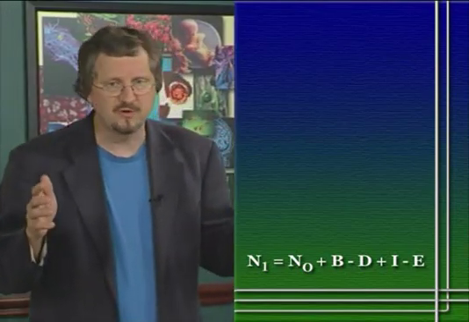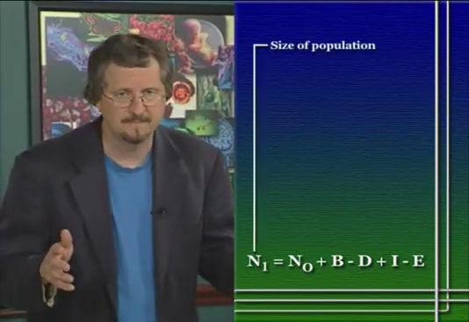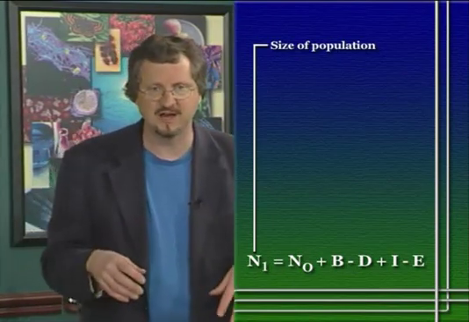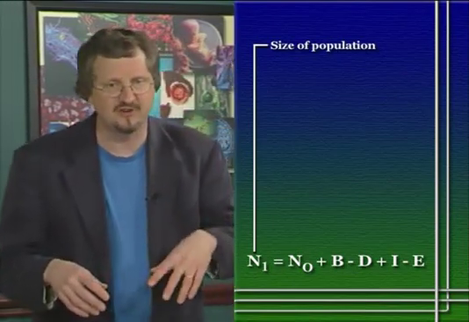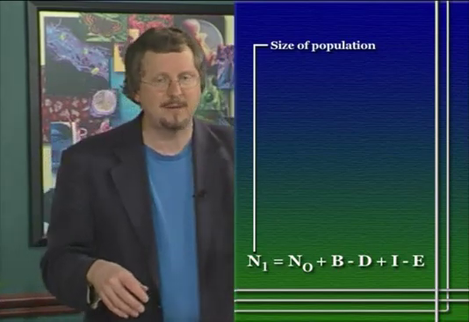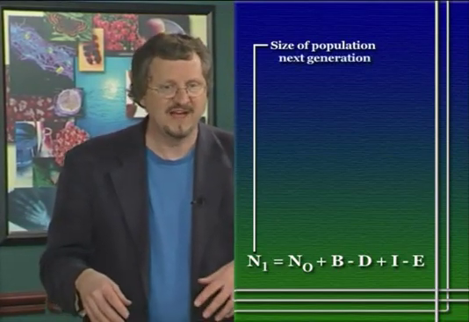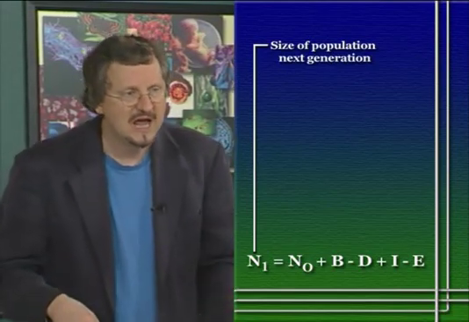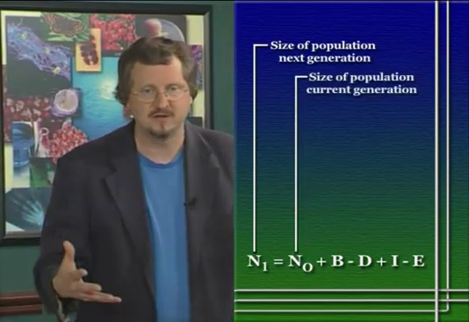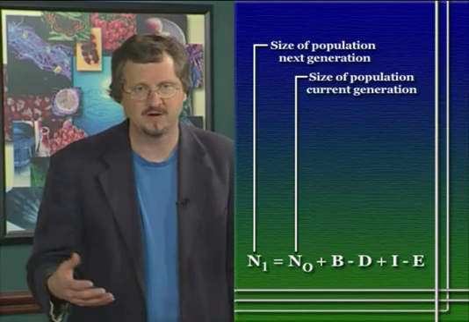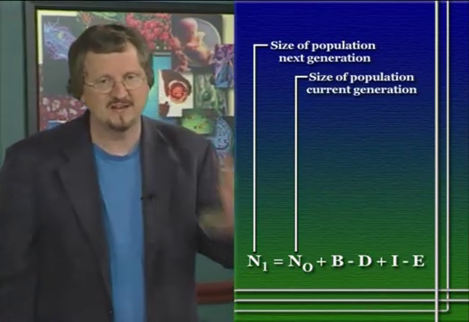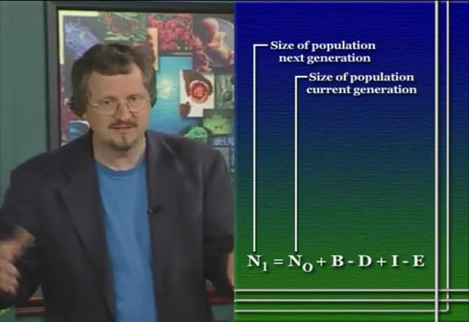N I'm going to use to refer to the size of the population. And I've got two N's in here, N sub 1 and N sub 0. By that I mean the size of the population in the next generation. We'll let that be N sub 1. That's the left side of our equation. And the size of the population in the current generation, that's N sub 0. All right? So N sub 1 equals N sub 0 plus some things and minus some things.